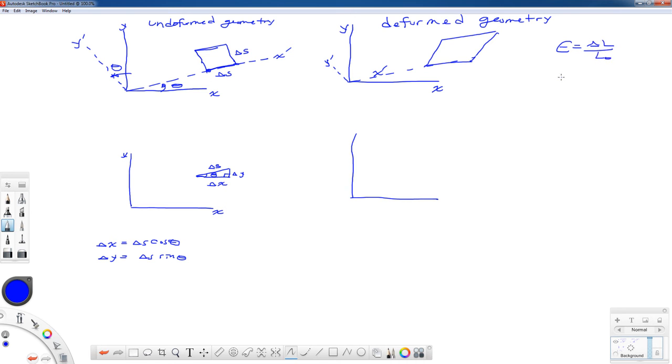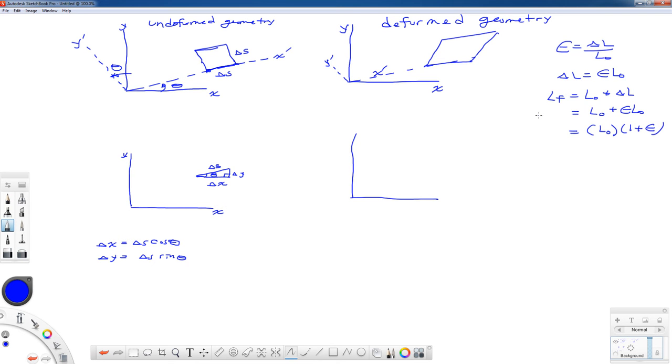So if I want to solve for the change in length, that is the strain times the initial length. And if I want to find the final length of something, that would be the initial length plus the change in length, or the initial length plus the strain times the original length. I can factor out an L naught in front of this. I have L naught times 1 plus the strain.